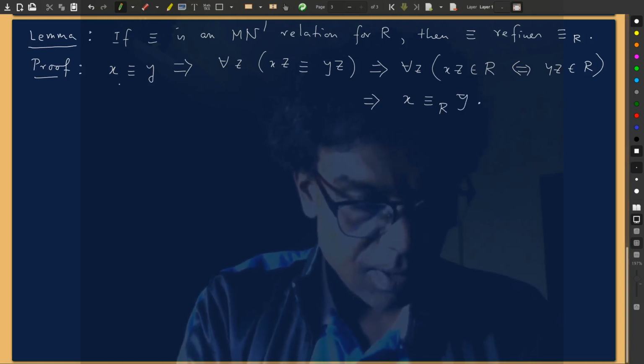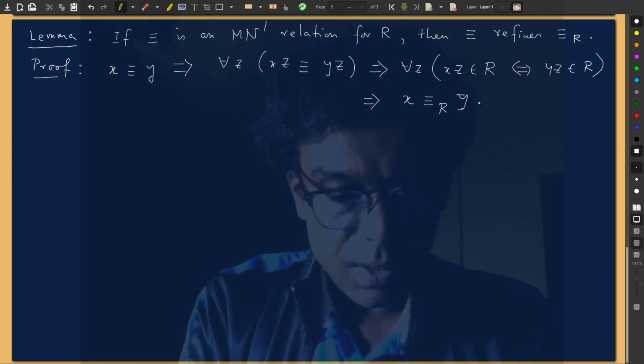So any Myhill-Nerode-type relation will be included in this relation.